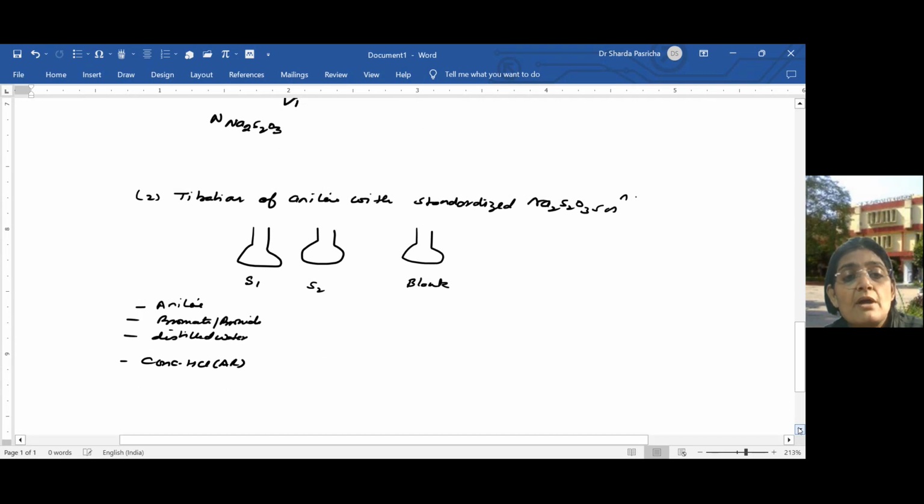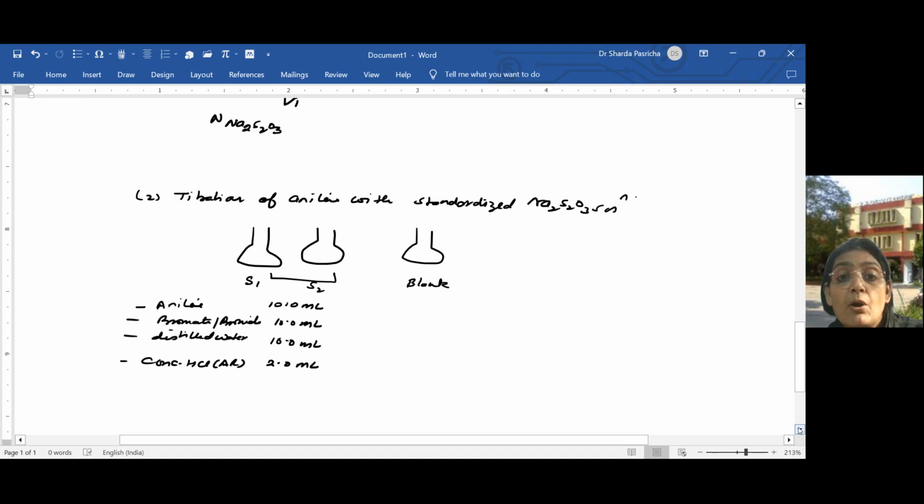You have to add 10 ml of aniline, 10 ml of bromate-bromide, 10 ml of distilled water, and 2 ml of HCl, and immediately stopper the iodine flask. You have to do this for both the samples.